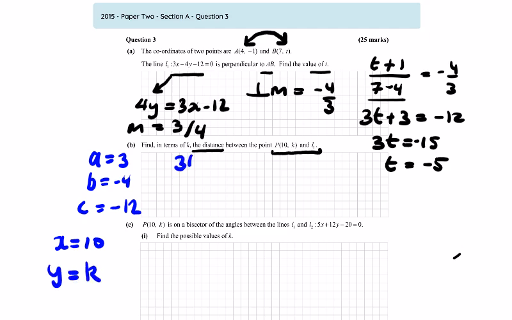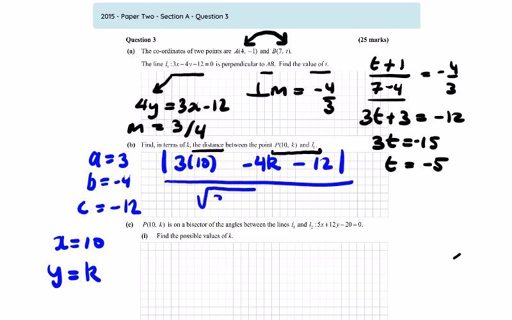So A x1, 3 by 10, plus the absolute value of B, which is minus 4 by y, minus 4k, plus C, which is minus 12, all over the square root of 3 squared plus (minus 4) squared, but be careful to put the bracket around the minus 4. So we're going to get 18 minus 4k on top, and we're going to get 5 on the bottom.